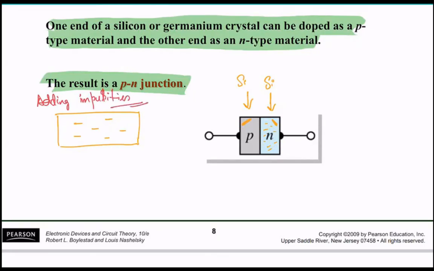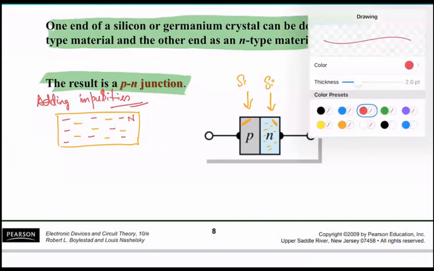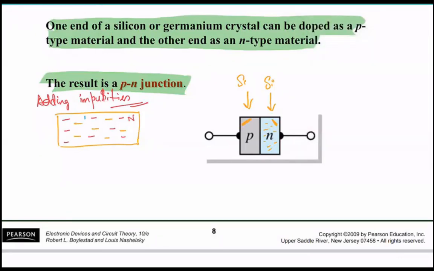If I want to make this material an n-type material, adding impurities would mean I would add more electrons. So n-type material would mean it has more electrons and fewer holes. Plus is holes, negative is the electrons. So all the electrons which are negative charge, in red and orange, these are electrons, and you have a tiny number of holes.